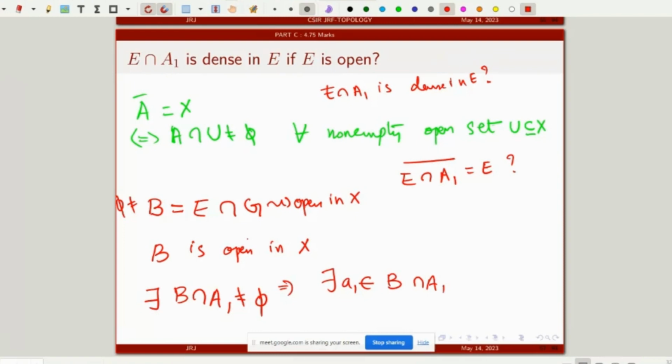That means this element belongs to E intersection G. So this a1 belongs to E, and a1 belongs to A1 also. So whatever open set B we start with in E, we are getting an element from E intersection A1.